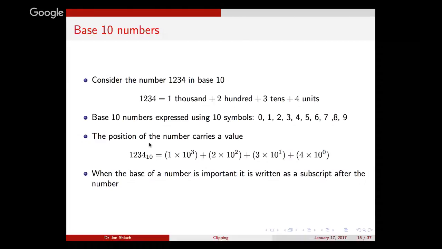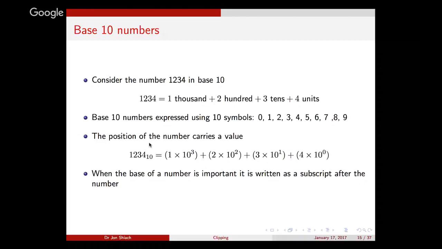Okay, this comes from the Arabic symbols. Back in the Roman times, they used I, V, X, L, C, etc. Very, very poor for mathematics. The Arabic mathematics at the time, the Persian mathematicians were using these symbols like this. And that was a huge step forward in mathematics.